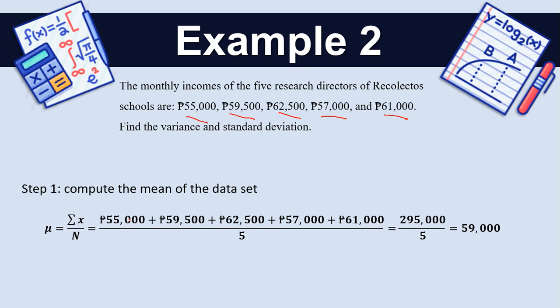Okay? I-add lang natin lahat ng data and then divided sa number of item that we have. Okay, so add ko lang po yung monthly income ng 5 researcher po natin and then we will be having 295,000 divided po sa 5, meron tayong 59,000. So 59,000 po will be the mean for the data set that we have.